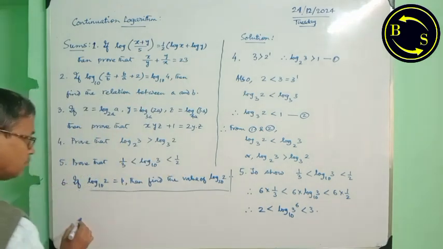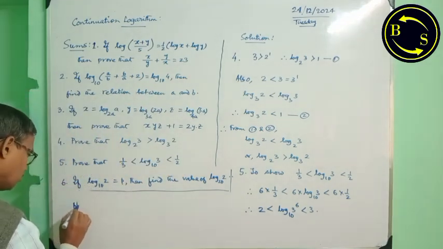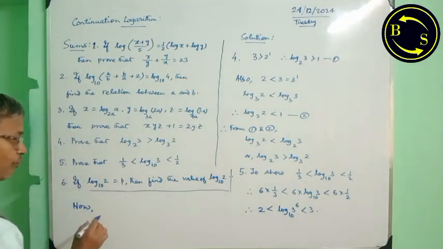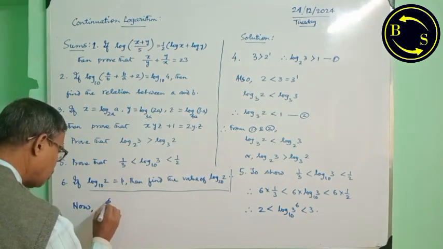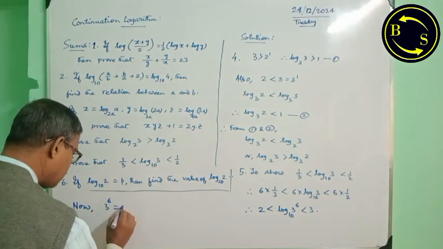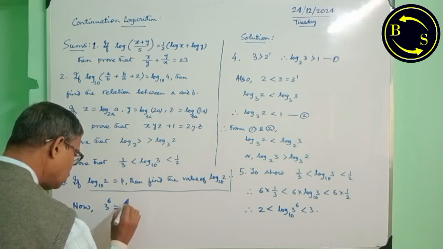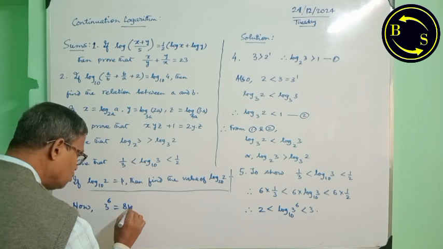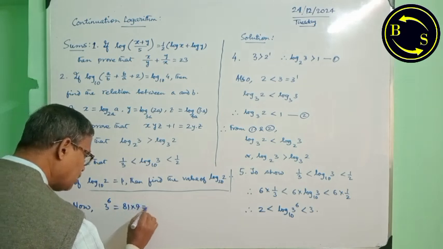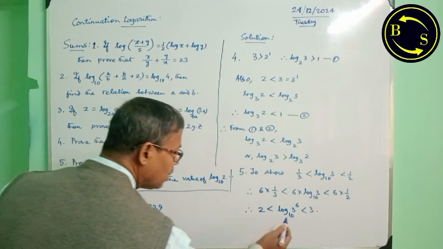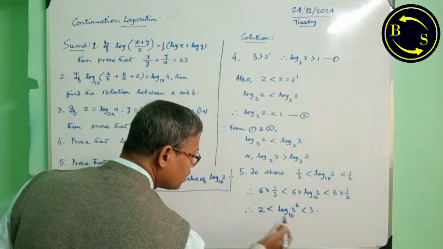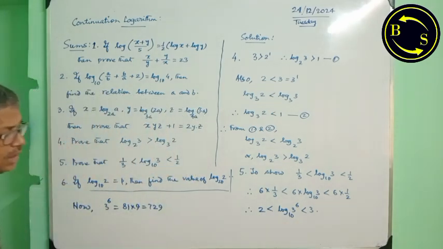Now, 3 to the power 6, 81 into 9, 729, and 10 square, 10 cube.